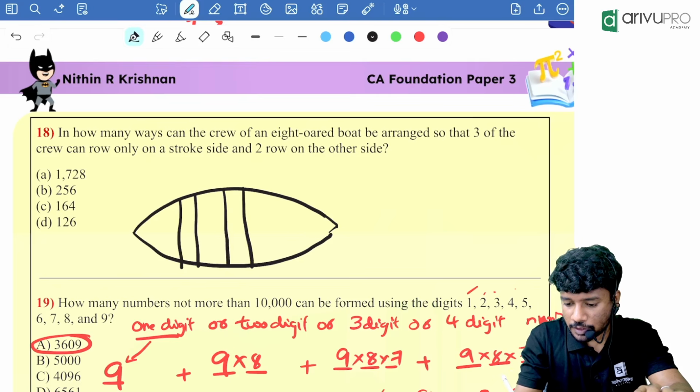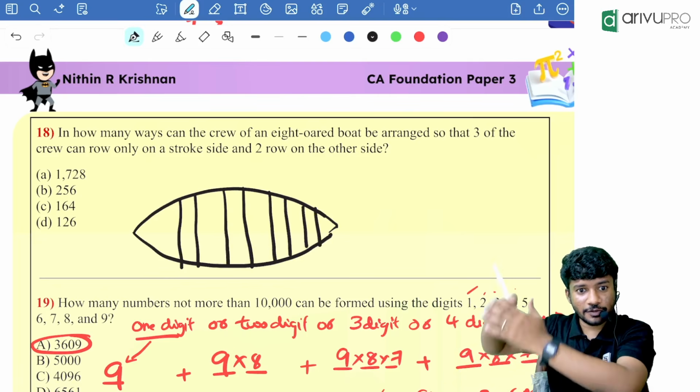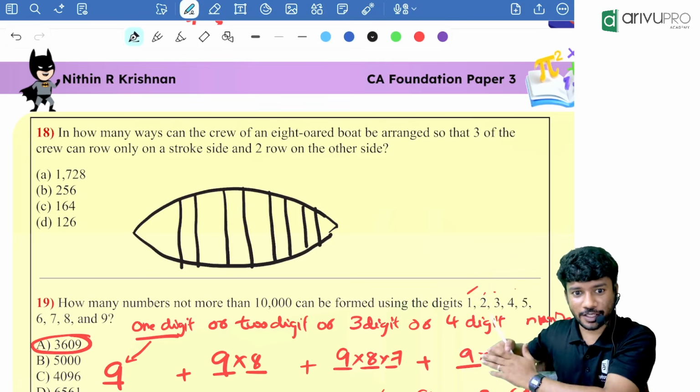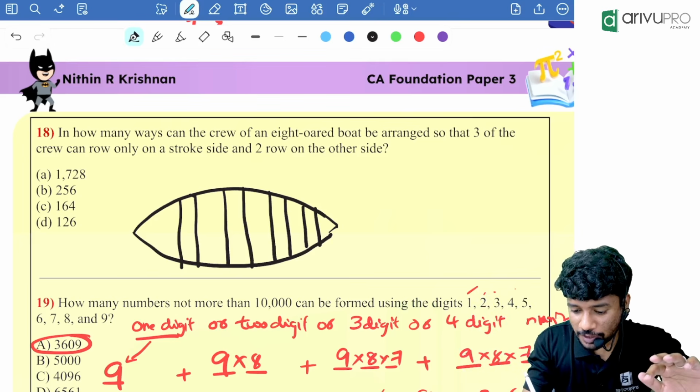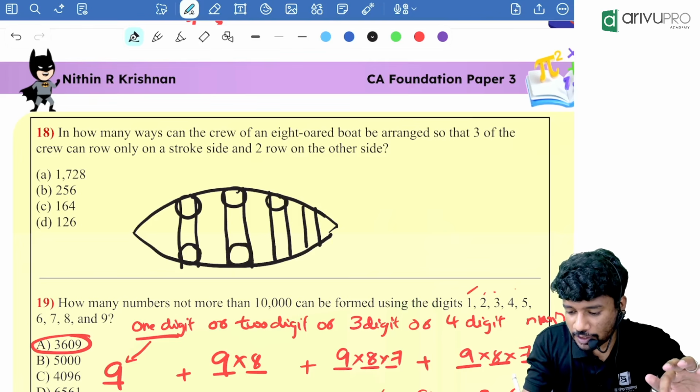An 8-oar boat means what? 8 people are rowing. You have seen, right? Likewise they are doing it. So one person will be sitting in this place, another person over here, another here, then here, then here, then here, then here.